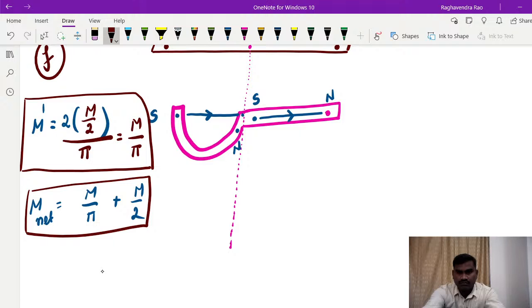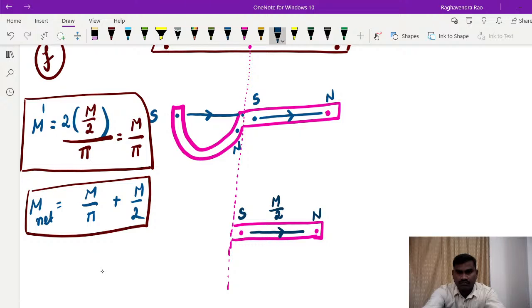But in some other cases, this bent part of the bar magnet, this is north pole, south pole, magnetic moment m by 2 directed like this.